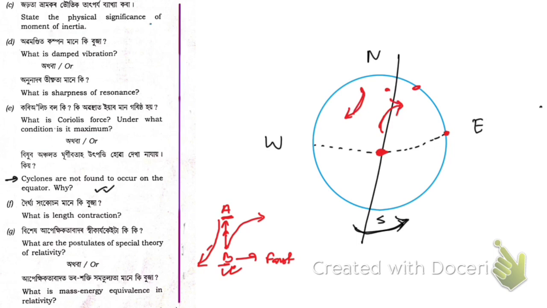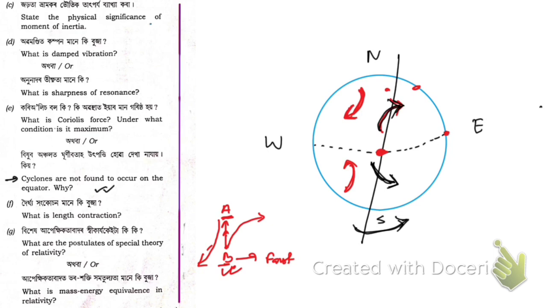Similarly, because of the same reason, the same kind of effect will occur below the equator, right? Let me make it black and let us keep it red. Same kind of effect will occur below the equator. So let me use the red here.